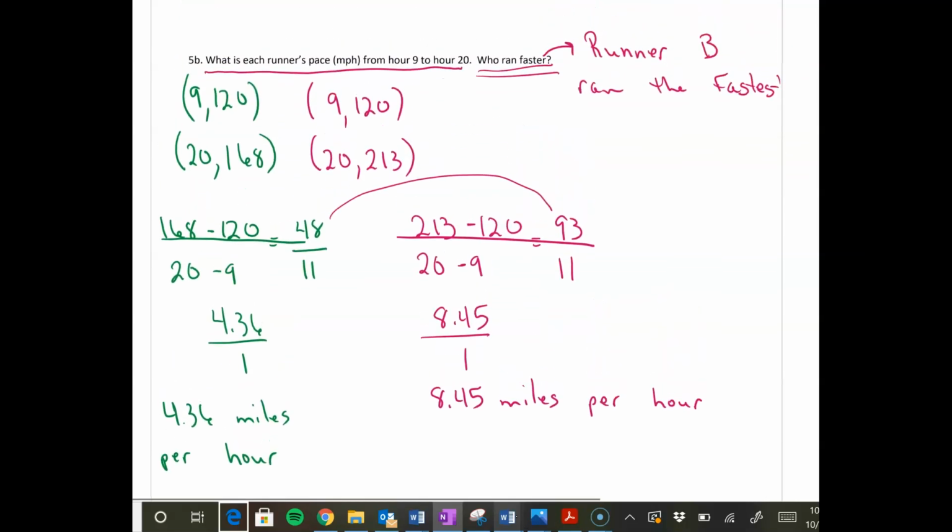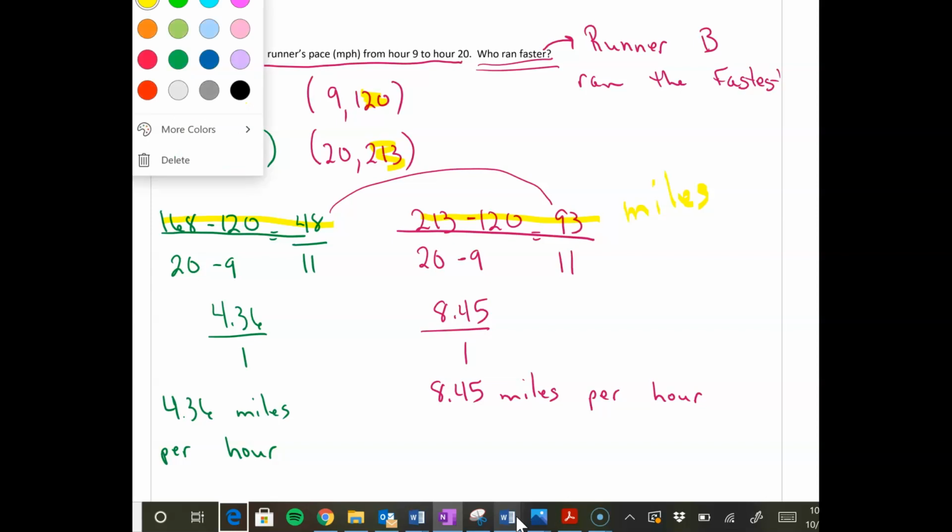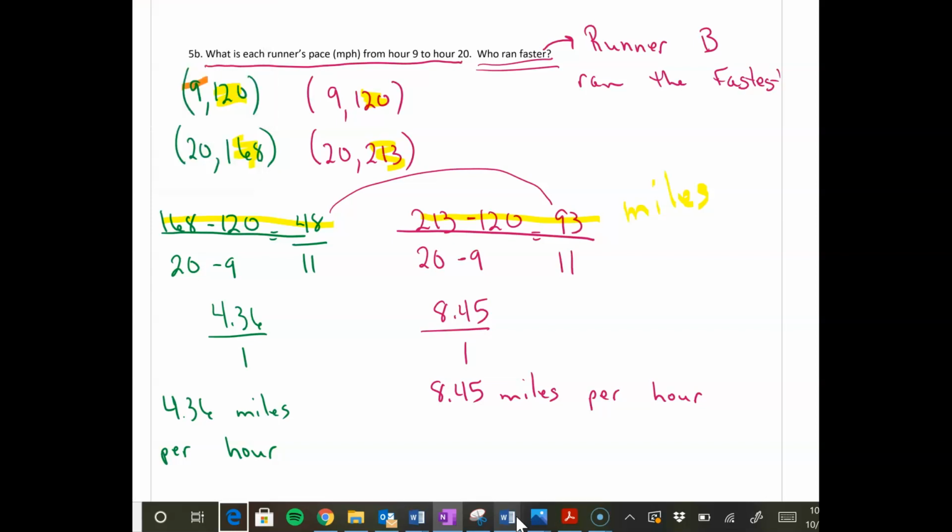And again, I know that it's miles per hour because all of these Y values were the miles. And as far as the denominator goes, which were all these X's, that's your time, that's your hours. So when we get it down to 1, this is hours, this is miles. I'll write it over here too, and then hours. And that's it.